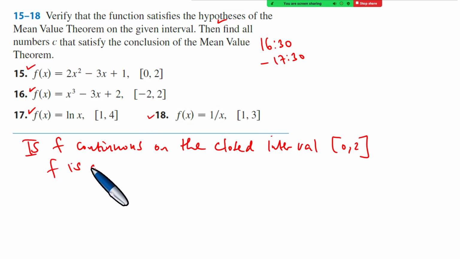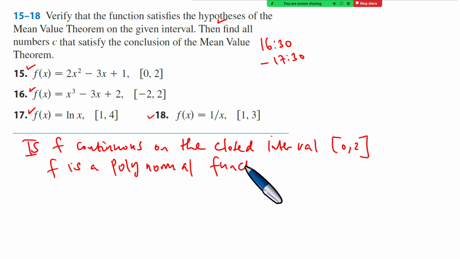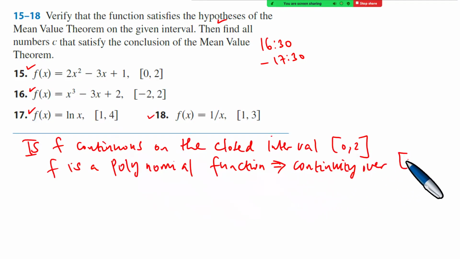Because f is a polynomial function, this implies continuity over the interval [0, 2]. Something very important, so take note of that.